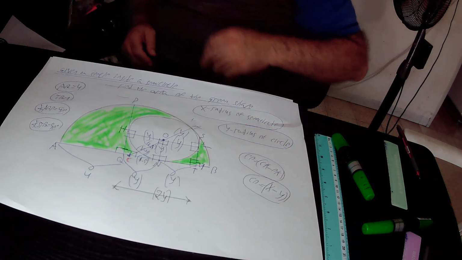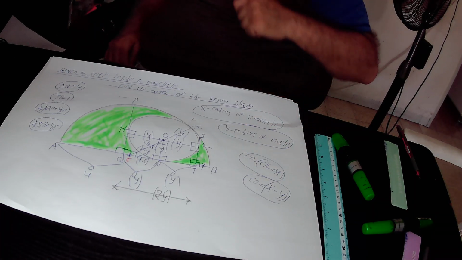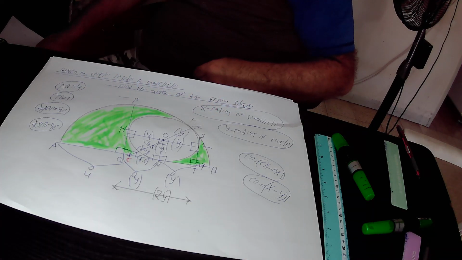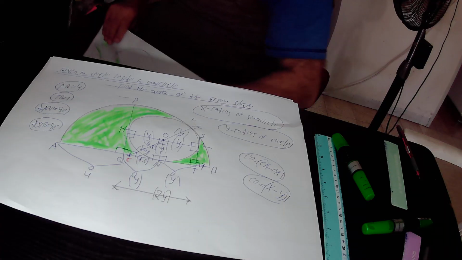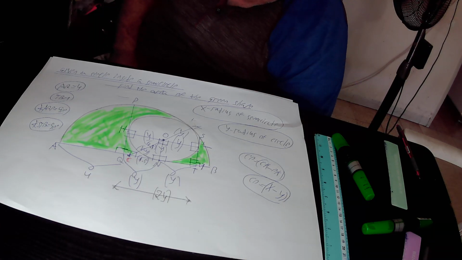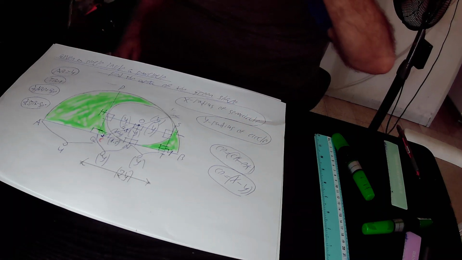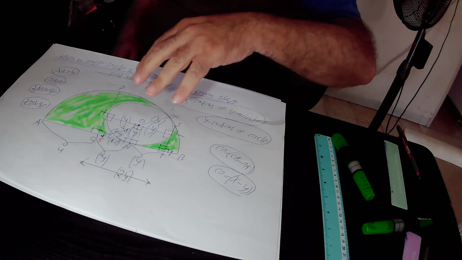Our task in the first question was to find out the area of this green shape. So in the drawing we have a circle inside this big semicircle.